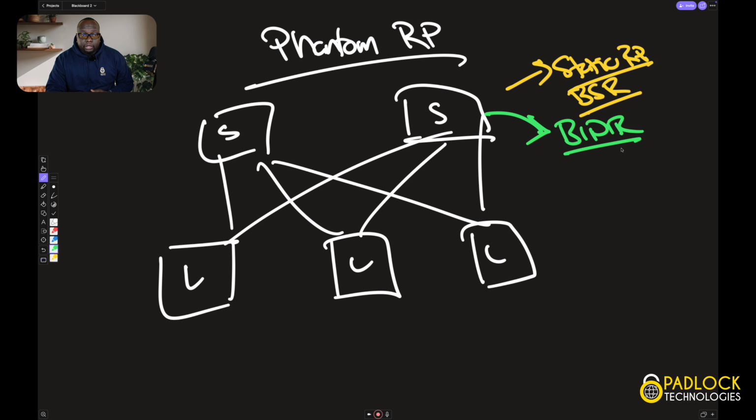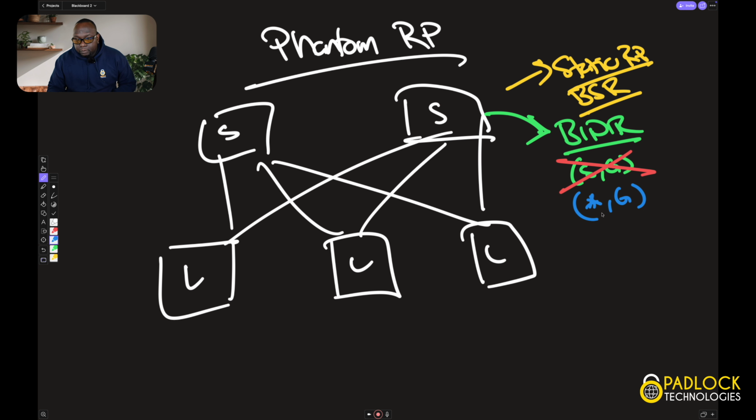And when you do bidirectional PIM, there are no S comma Gs here. So we're going to put an X through this. So no S comma Gs. There will be all star comma Gs.